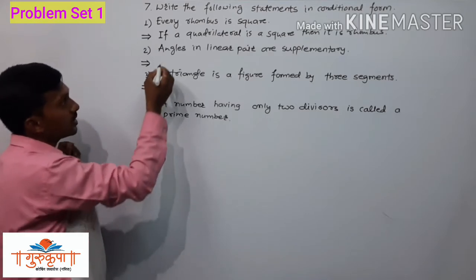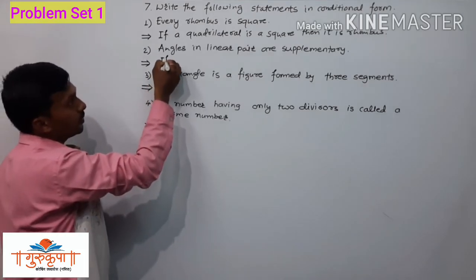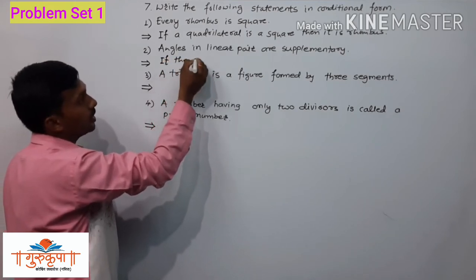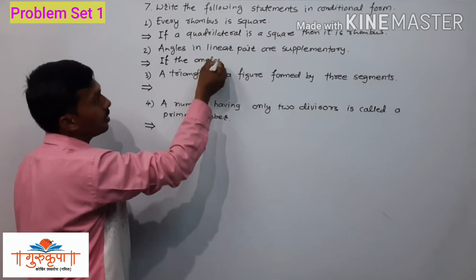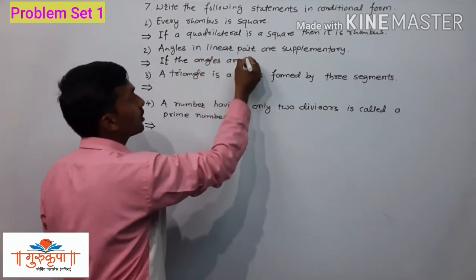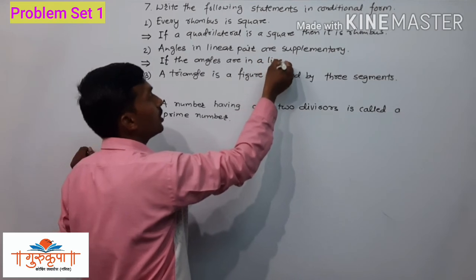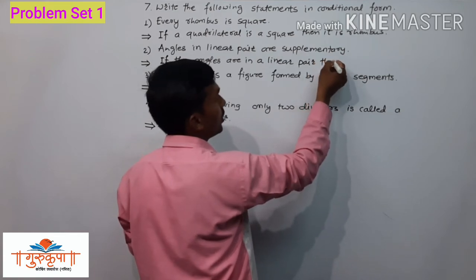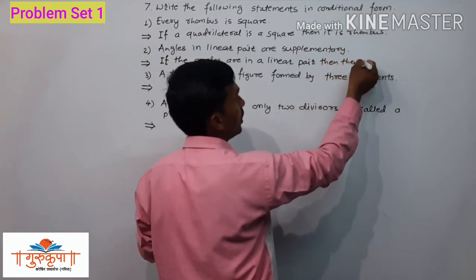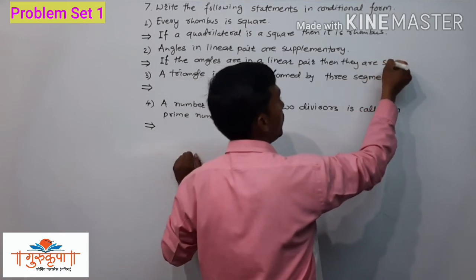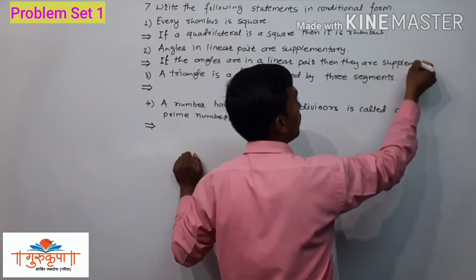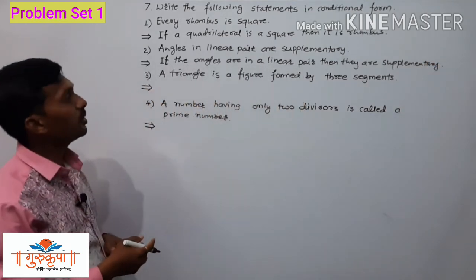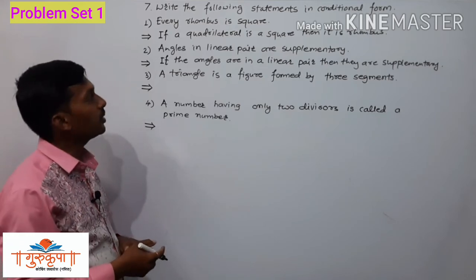So here we can write the answer such that if the angles are in a linear pair, then they are supplementary. That is the second simple statement which we converted into the if-then form.